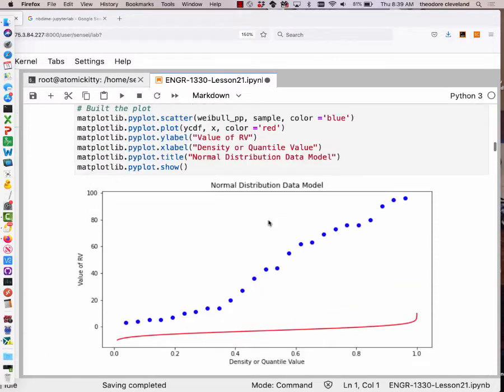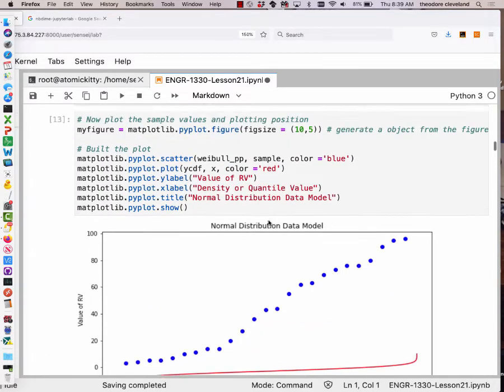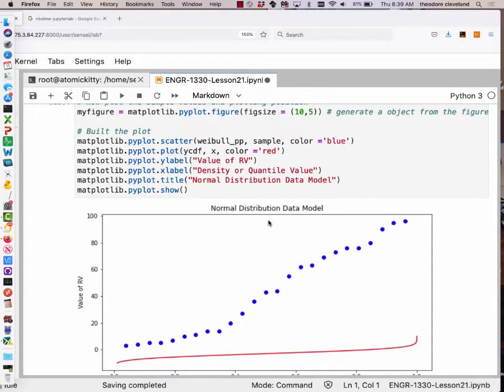Okay, so we haven't put any effort into trying to fit the normal distribution. We have these blue dots, which represent our sample from our bucket that contains the numbers 0 to 100, and they've now been ordered from small to big, and then each one in the order has been assigned a plotting position.